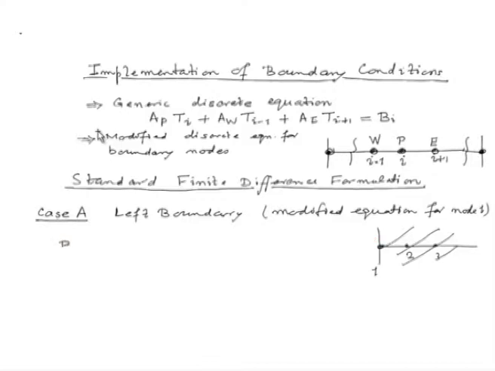So let us have our BC type equal to 0, that is we have T1 is equal to TB.